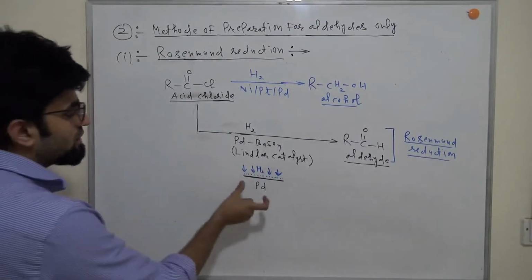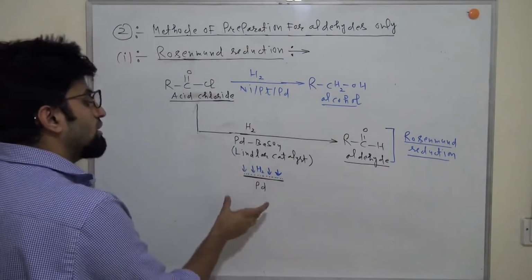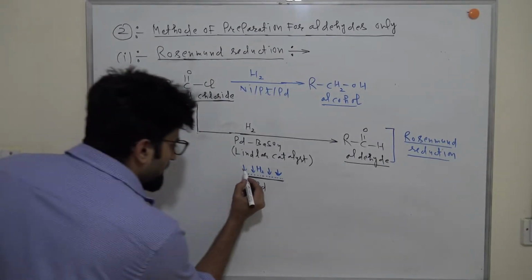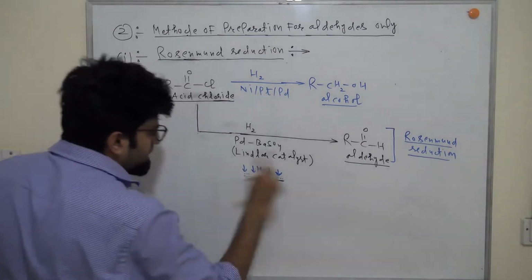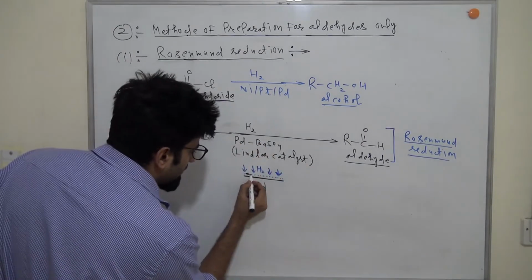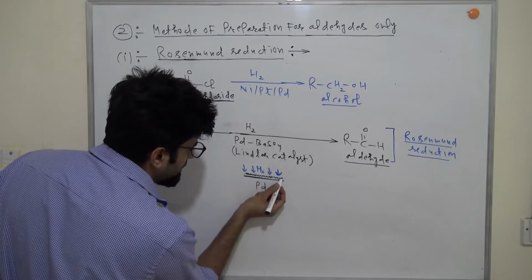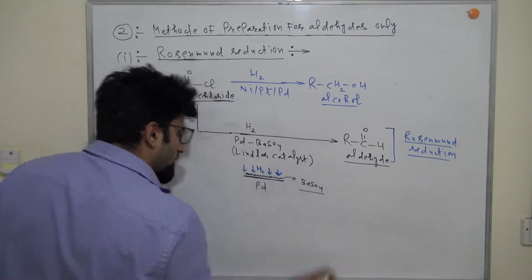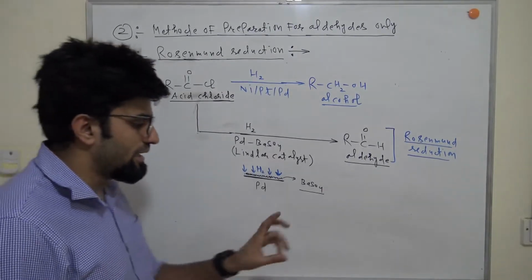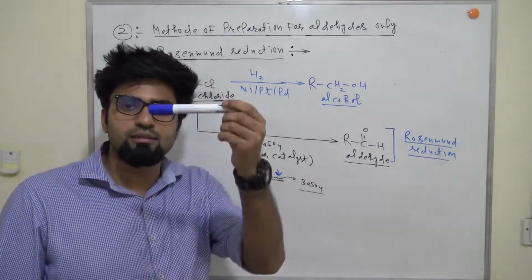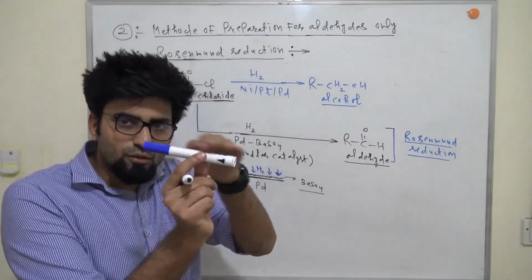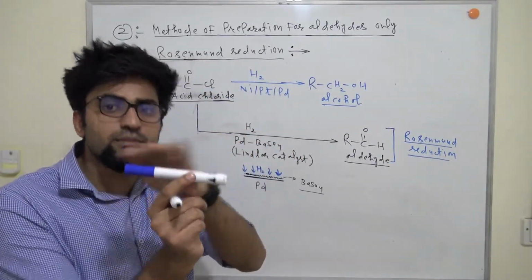So in order to reduce the adsorbed content on palladium, what do we do, guys? We do a very important, magical thing here: we put BaSO4 on the surface of the catalyst. Basically it's a paste-type thing. Suppose this is my palladium metal, I will cover the metal surface with BaSO4.